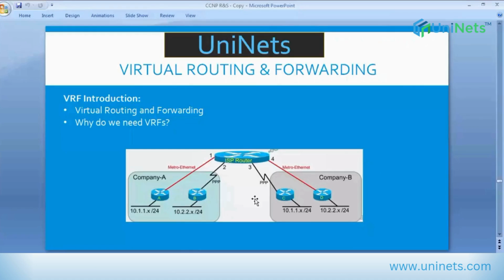Here, if you see, the same thing. Why do we need VRFs? Because let me think, I'm having company A and company B, and both of them are using networks 10.1.1.x and 10.2.2.x.